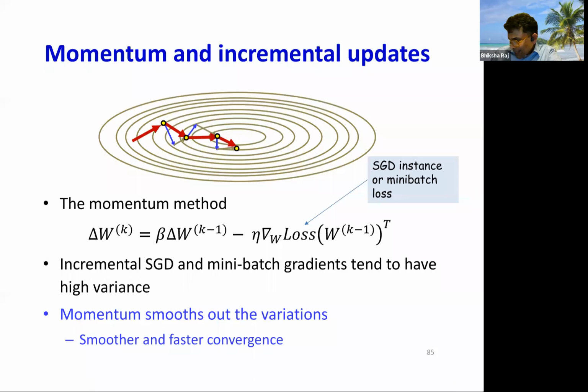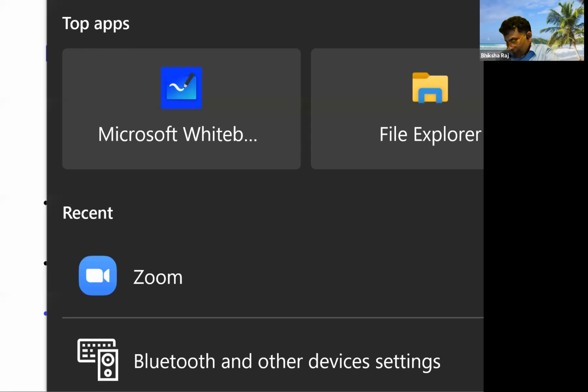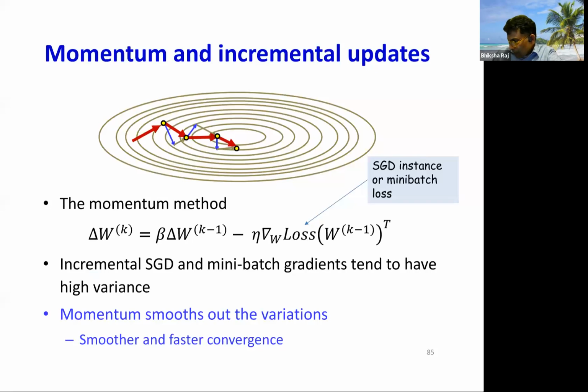When we perform SGD or mini batch updates too, we're going to use momentum in exactly the same way, where the kth correction is computed using the same momentum formula over here with one minor change. The loss, whose gradient we are computing in this update, will be computed from the kth mini batch, or if you're performing SGD, then it's going to be from the kth sample drawn during training.